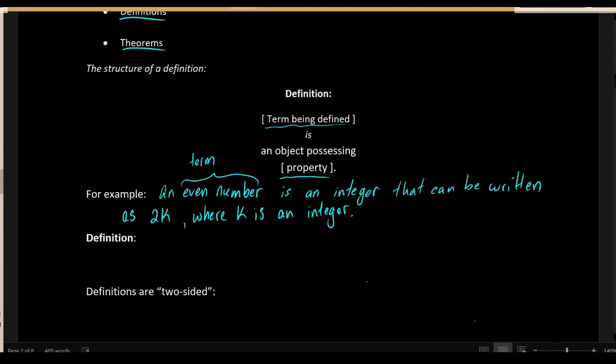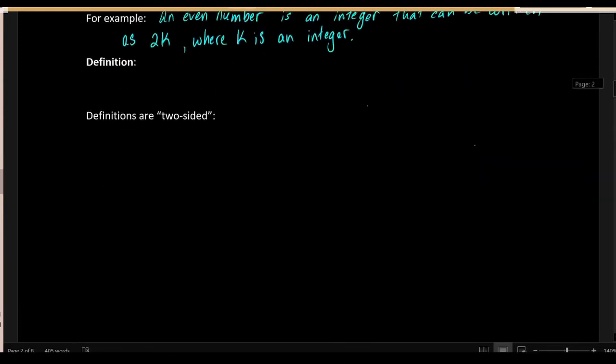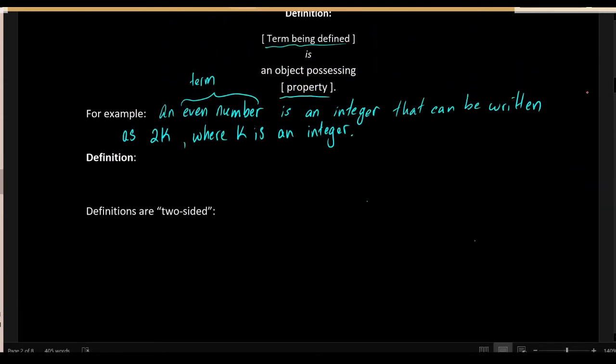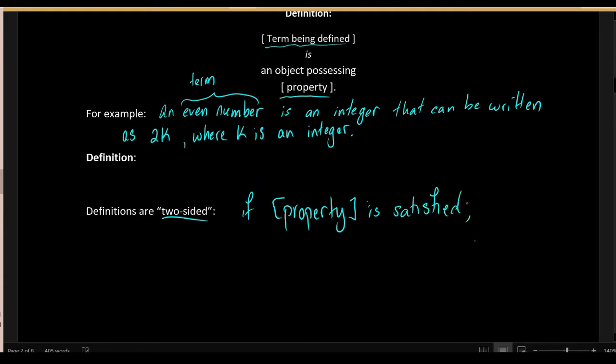The beautiful thing about definitions is that they can be used in two different ways. Two-sided is what I call them. If the property is satisfied, if your number can be written as 2k, where k is an integer, then the object that you're working with does deserve to be called by this term.